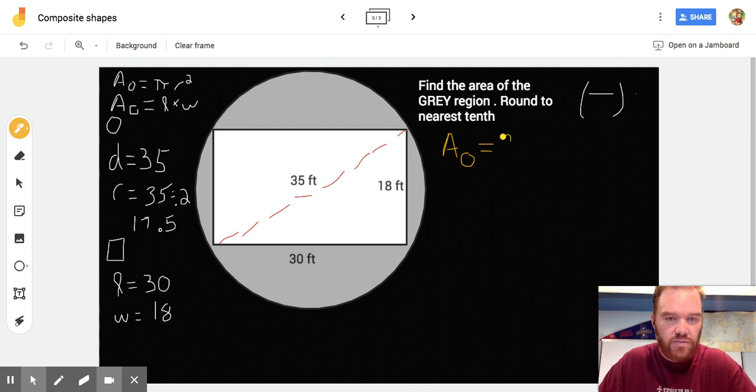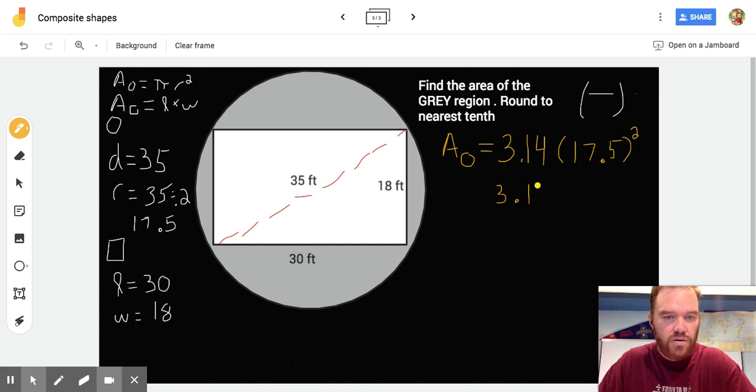For pi, we're going to use 3.14 unless we're told to use something different. Then we take our radius, 17.5, and square that.